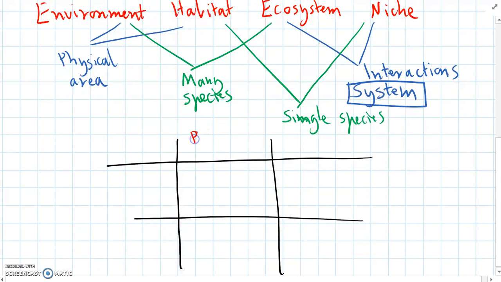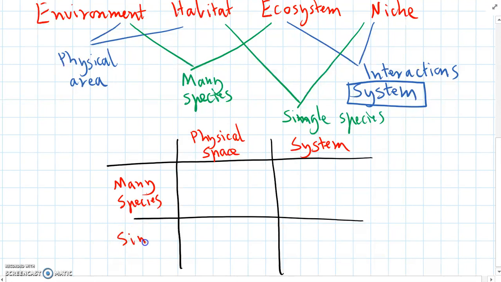So in this column, we have the terms talking about the physical space, and the others are talking about the system as a whole. And then in this row here, these terms are talking about many species, whereas this row is just for a single species. And now we can see that the word that means the physical space with many species, this is the environment.